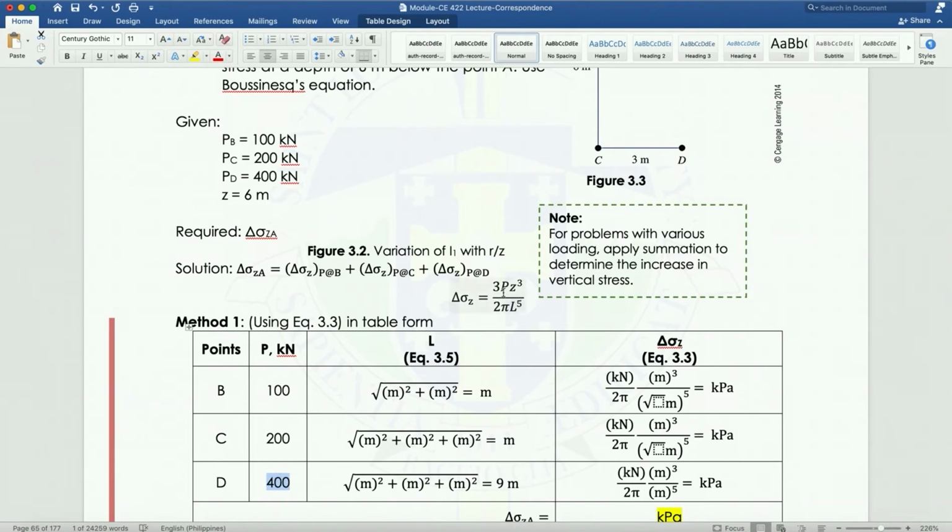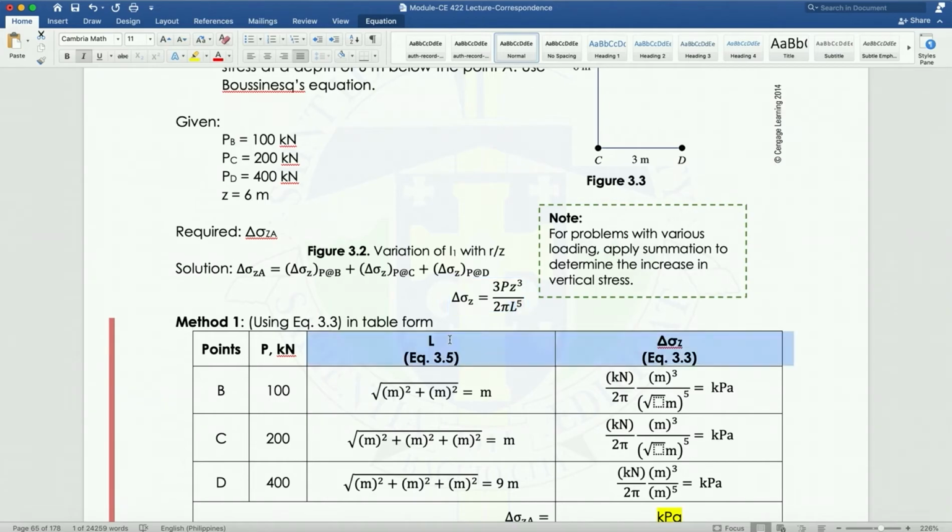Okay, and what are the variables here? The variables in our working equation would be the P and the L. So these are our varying variables. But for the others, they are constant. So we have 3 and we have Z. Our Z here is 6 meters times 2 pi. So we have P here.